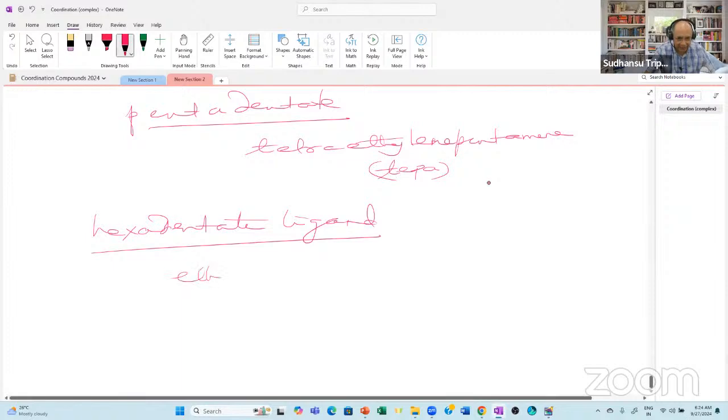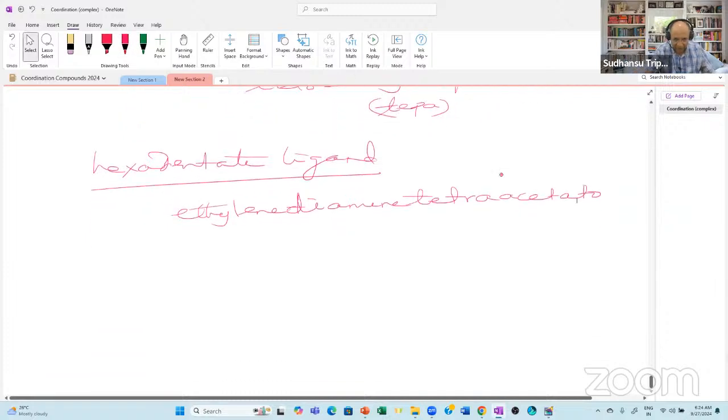EDTA is ethylene diamine tetraacetato. It comes from acetic acid, and the ions have been ionized by adding alkali, giving tetraacetato. So it's like this. You first draw the structure of ethylene diamine, NH2 NH2.